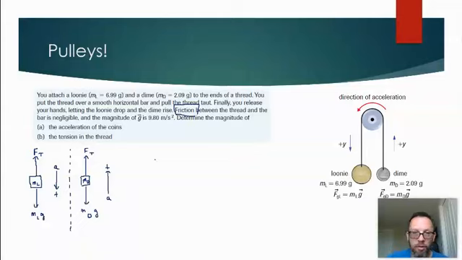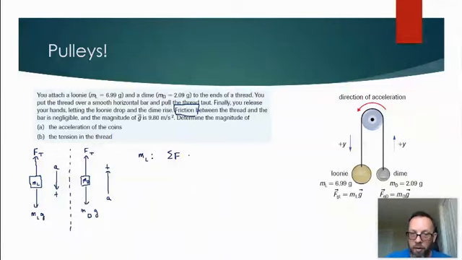So we're now ready to analyze. I'm just going to analyze mass L. So the sum of forces, and in this case we only have forces acting in one direction, so if you want to put Y, that's cool.